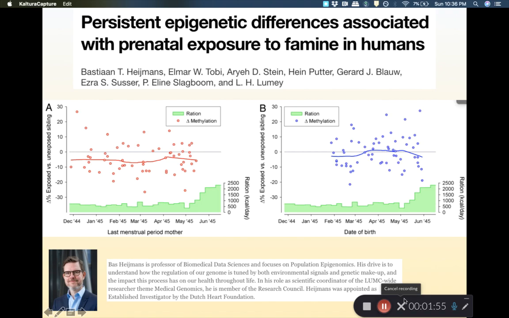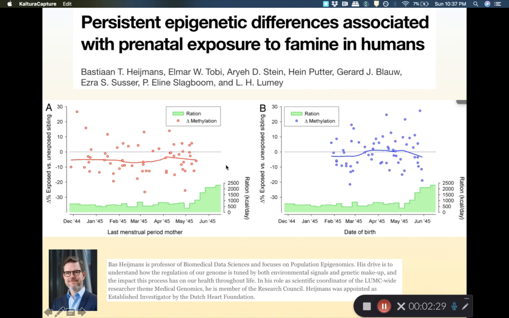Some of the most important studies that we know regarding epigenetics look at experiences of famine or stress in humans. This is an awesome study that pioneered some of this field, where it looked at siblings who were born during a famine in 1944, and compared their methylation, so the percent change in methylation.